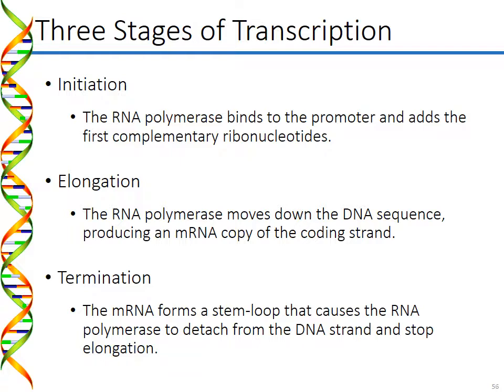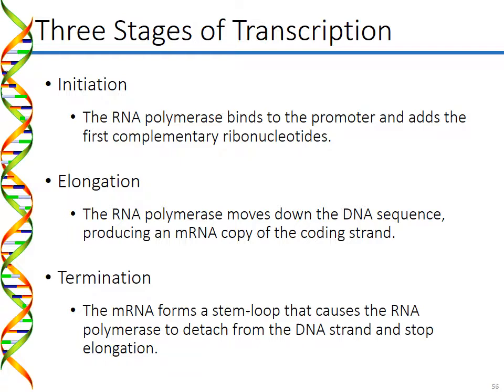Transcription occurs in 3 stages. These are referred to as initiation, elongation, and termination. We will be discussing each of these individually in more detail in the upcoming slides. But briefly, initiation is where the RNA polymerase recognizes and binds to the promoter and starts building the mRNA strand by adding the first nucleotides, ribonucleotides, that are complementary to the sequence that's being transcribed.